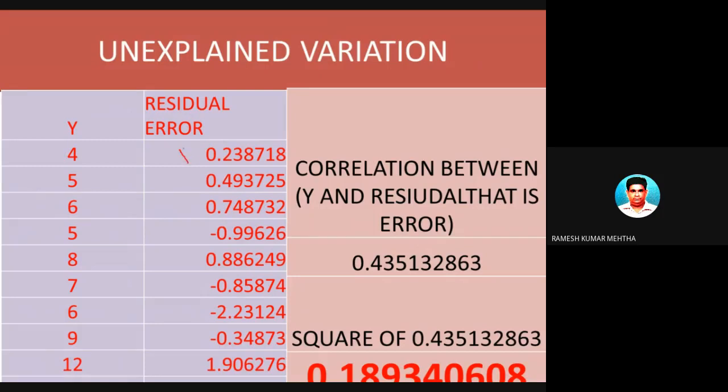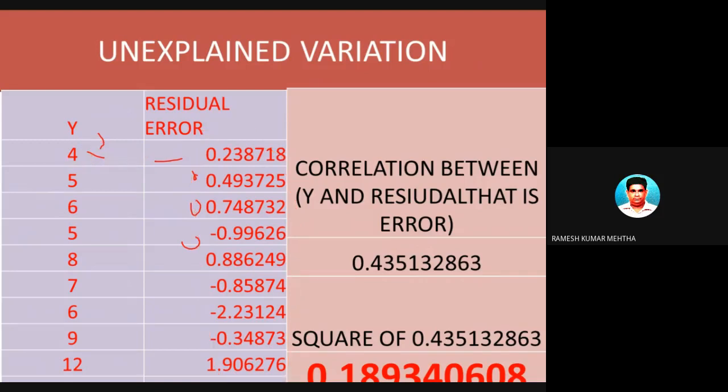Now this should be high or low? As I already told, this should be very low, almost zero, because the predicted value should be near to y, and when it is near to y, the error is almost zero.